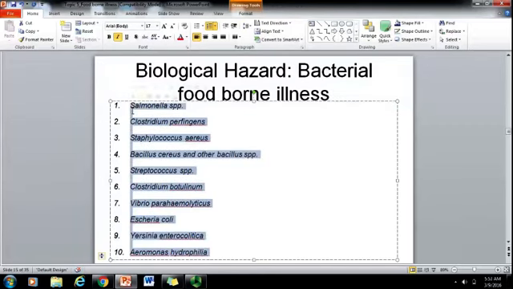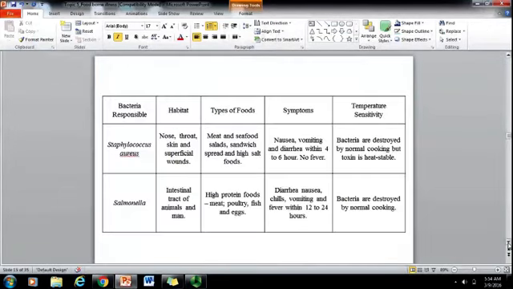In most cases they come from Salmonella, Clostridium, Staph, Bacillus, Streptococcus, Clostridium botulinum, E. coli, Yersinia, and also Aeromonas hydrophila. If we go one by one, I am not going to explain each of them, but I just focus on those that are prevalent in foodborne illness, such as Staph aureus.